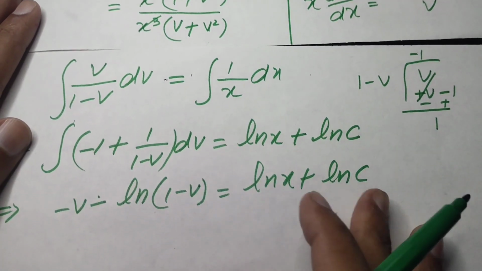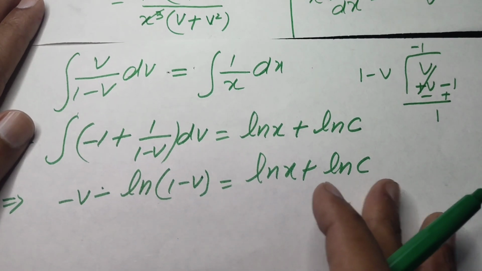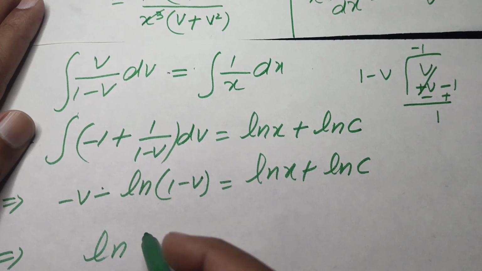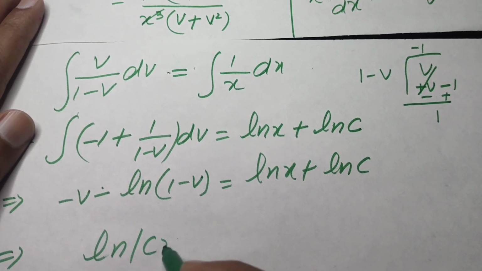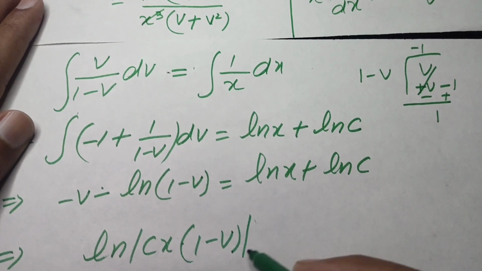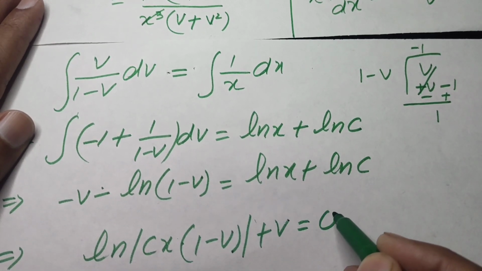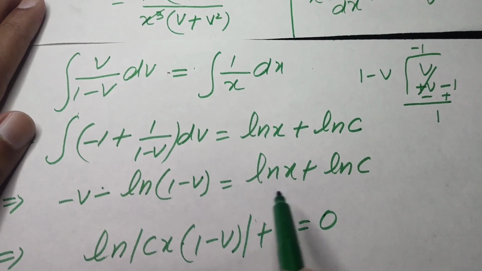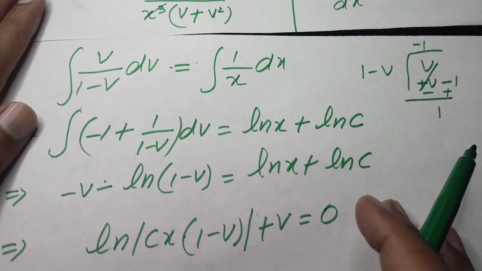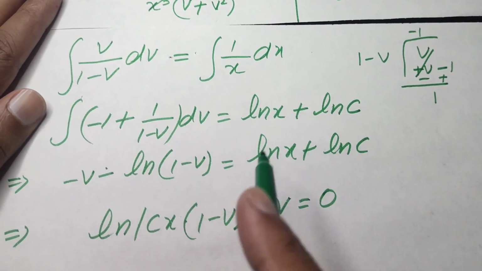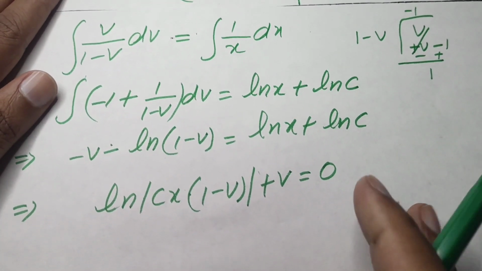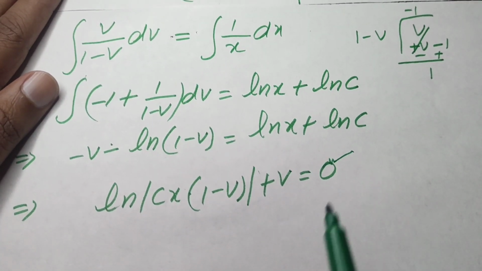Okay, after that we rearrange the terms, taking the logarithmic terms on the left hand side, and apply the properties of logarithm and combine, and we obtain log of c x into (1 minus v) plus v is equal to 0.